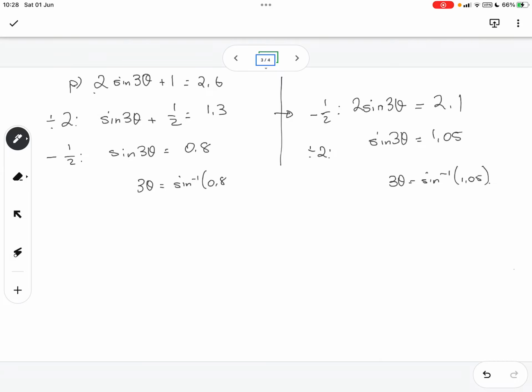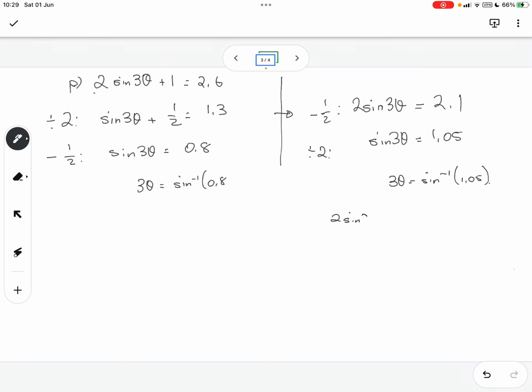Yeah, because this one is not going to be correct, because already we've got sine of 3 theta is greater than 1. So maybe not. This method here on the right might not be the best. And that's because already, no, but let me start from scratch.